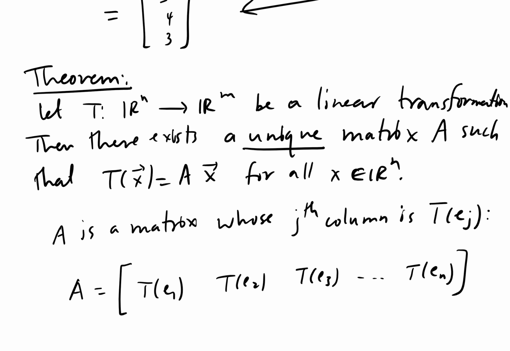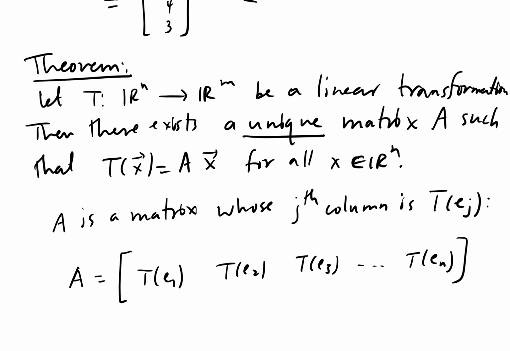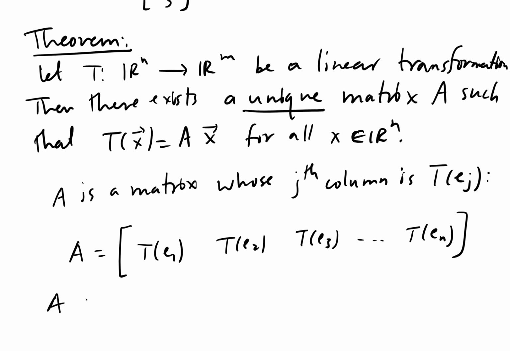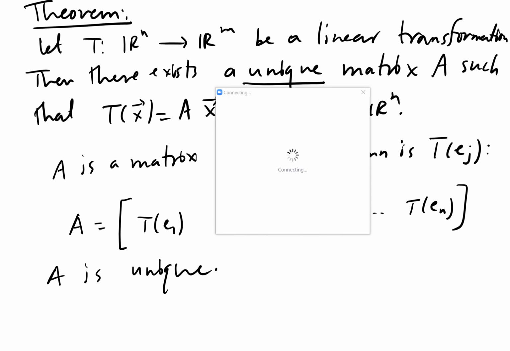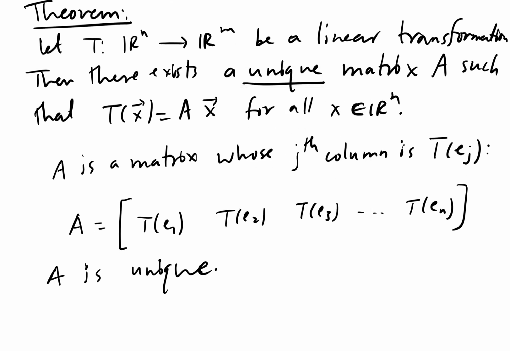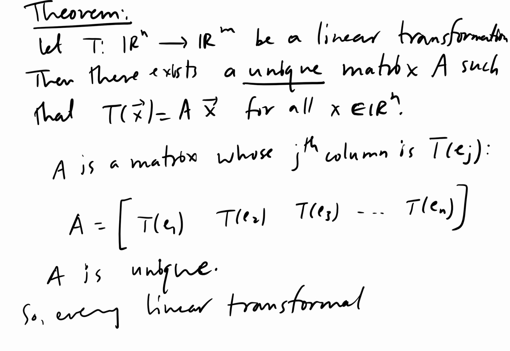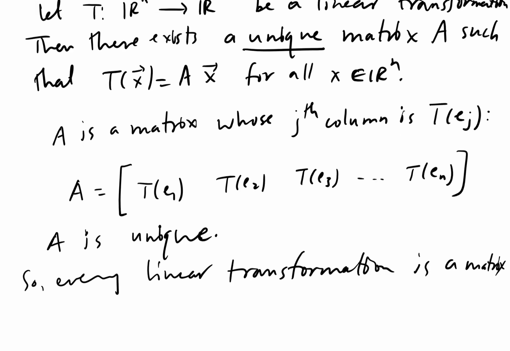The first column is T of E1, the second column T of E2. This makes A a unique matrix. And so again, that makes A unique. So we can write every linear transformation, good to keep in mind, as a matrix transformation.